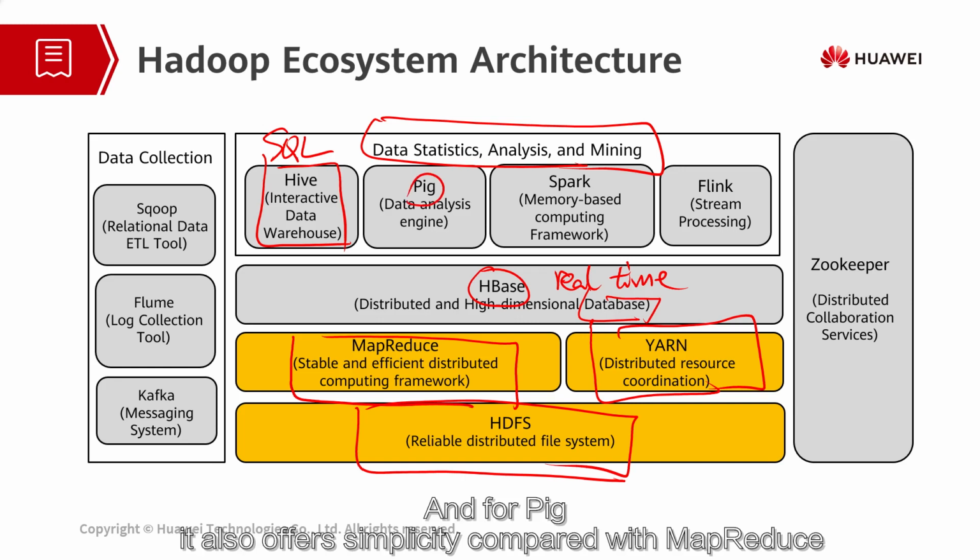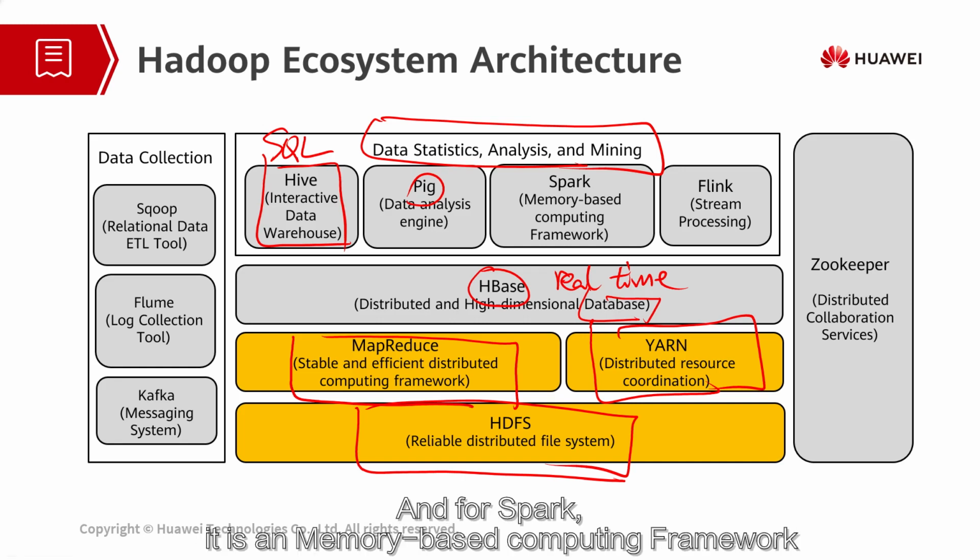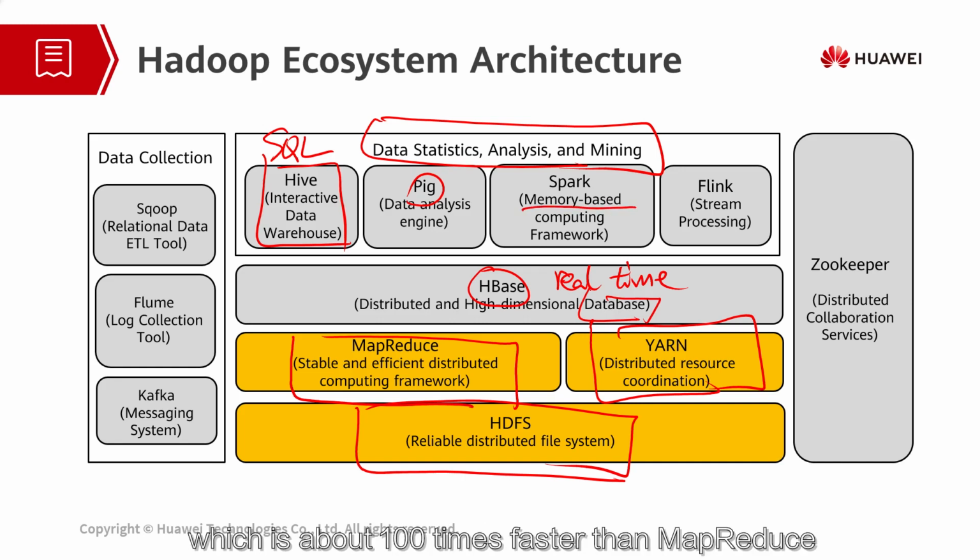And for Pig, it also offers simplicity compared with MapReduce, but people prefer Hive, so we are not going to introduce it in our course. And for Spark, it is a memory-based computing framework, which is about 100 times faster than MapReduce.